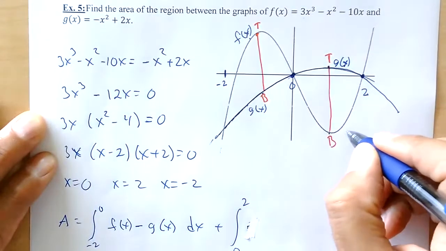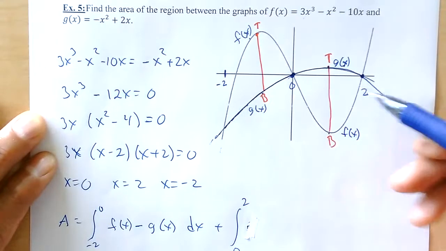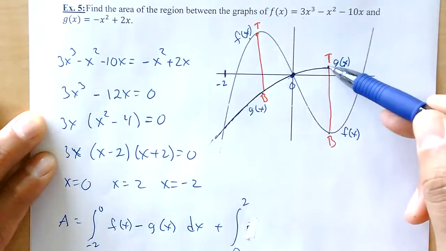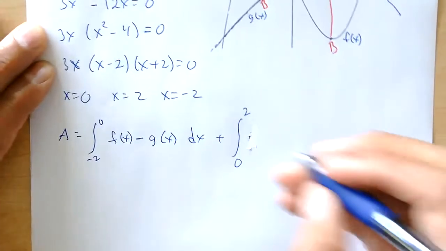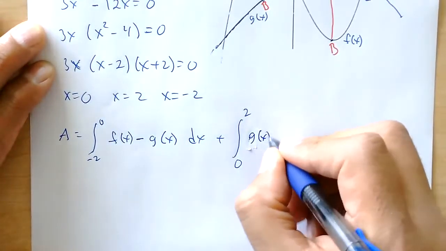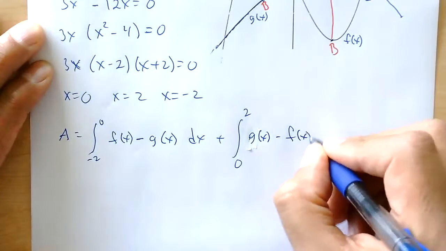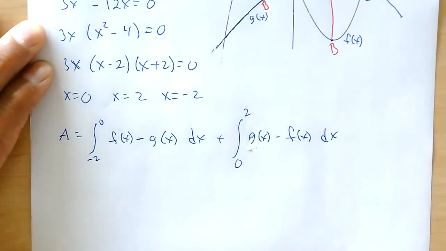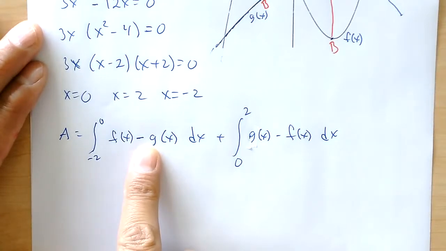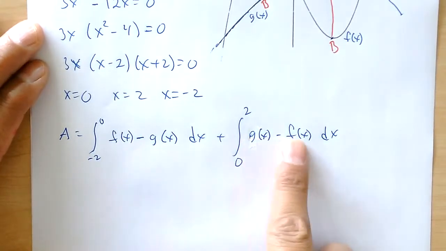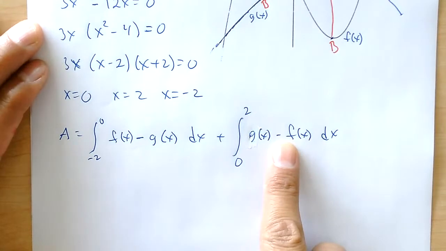The function that was in the bottom was the f. So I'm going to make sure I'm okay with that. G minus the f. So I'm going to have the g minus the f. I need to subtract these functions and then integrate.